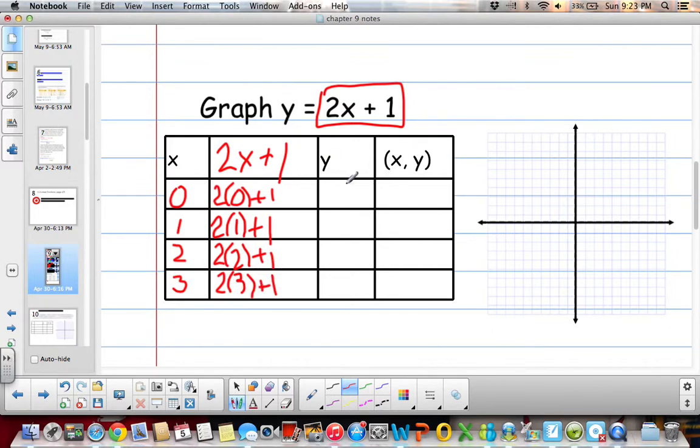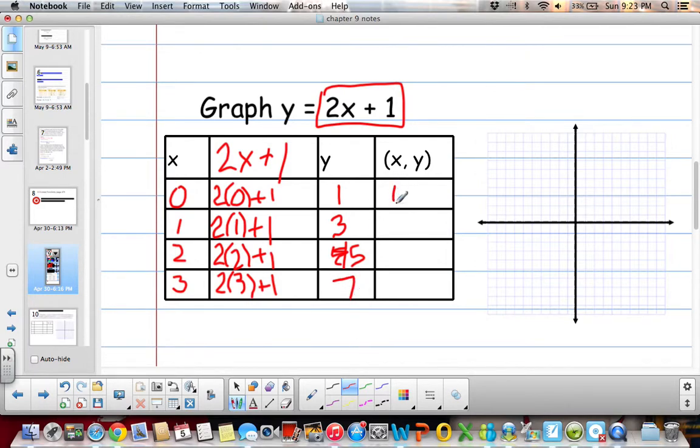2 times 0 plus 1 then is 1. 2 times 1 is 2 plus 1 is 3. 2 times 2 is 4 plus 1 is 5. 2 times 3 is 6 plus 1 is 7.